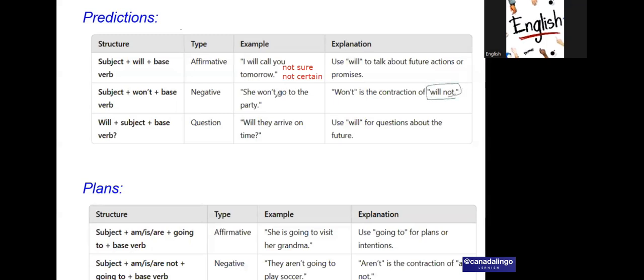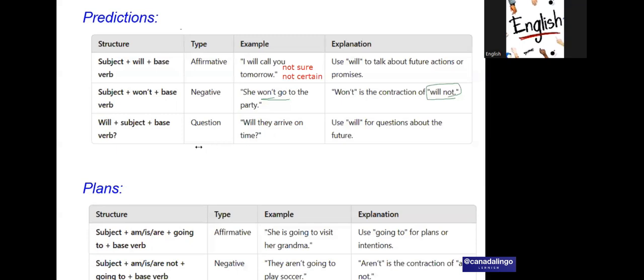In the question, we can say, will they arrive on time? On time means right at that time. For example, if they are supposed to come at 9 p.m., they should arrive at 9 p.m. Not early, not late. So for a question, we use will they.